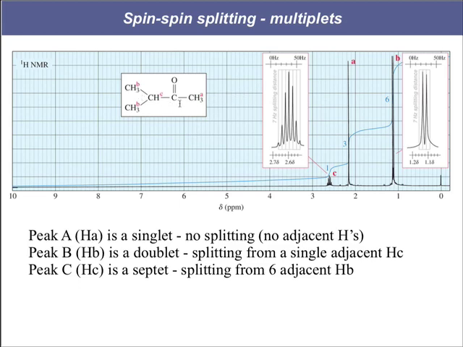Notice that the methyl ketone A and the methyl ketone C are fairly similar, but C has more carbons around it. So C should be a little bit more downfield than A because it's a tertiary carbon instead of a primary carbon. Our septet is at 2.5.